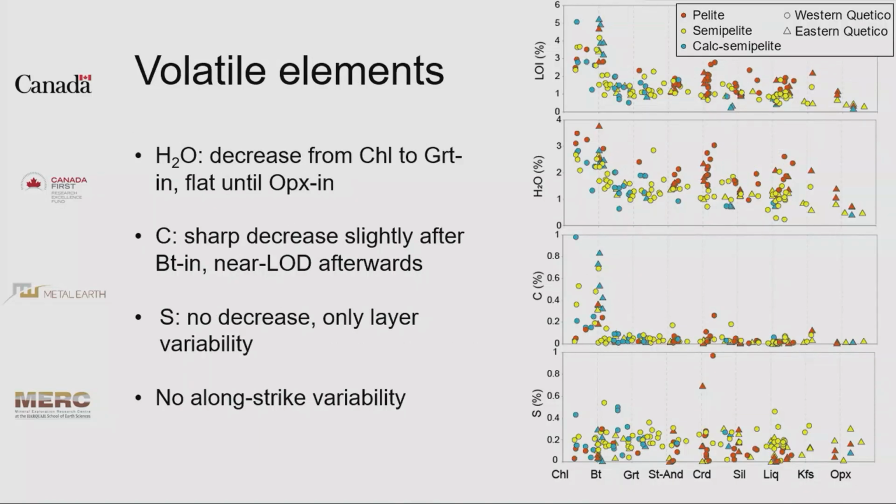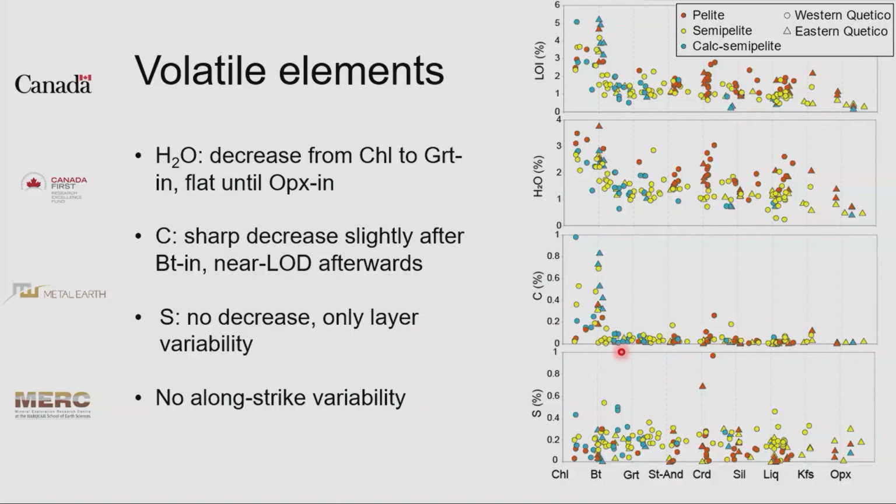But with the volatiles, it's a bit more of an interesting story. We have the hydrogen, carbon, and sulfur whole rock plotted, and you can see that right off the bat, from the chlorite to the garnet zone, you get decreases in H2O. There's also quite a sharp decrease of carbon right after the biotite isograd, just as we see in the textures.